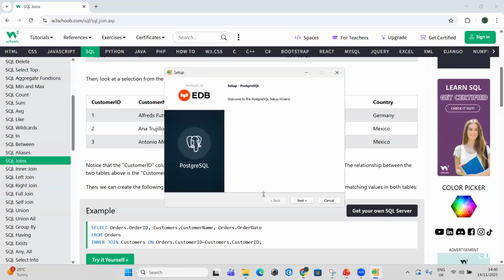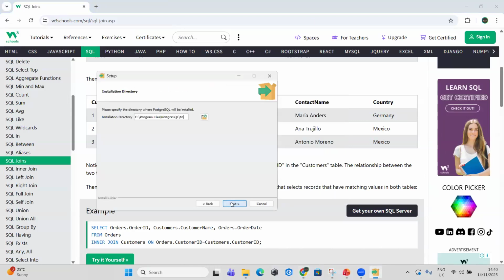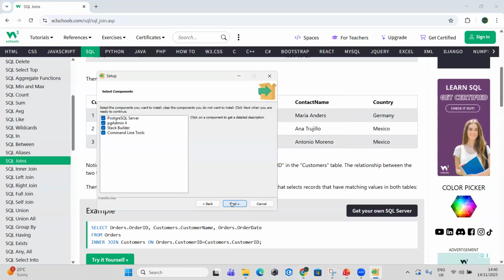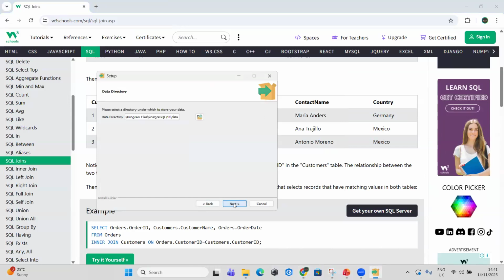So did it start like this? Yes. Go to next. Go to next. Go to next. Make sure all of them are checked. So I would suggest not putting a password here for now.